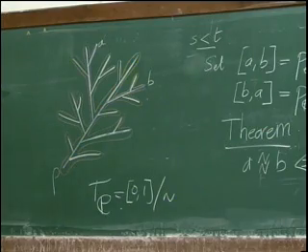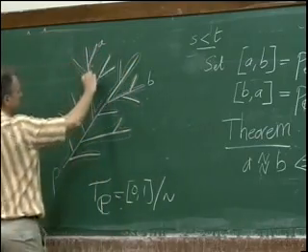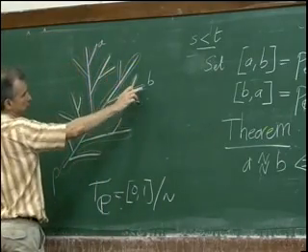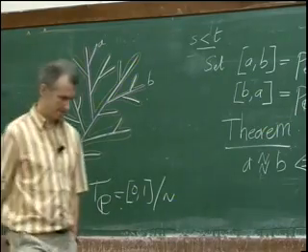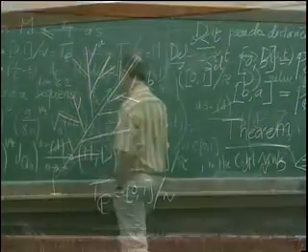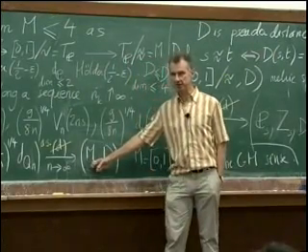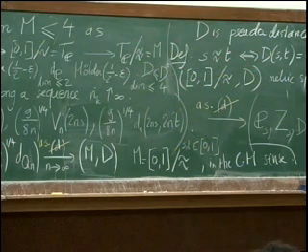So I want the labels that I encounter when I move from A to B following the contour of the tree to be all larger than the label at A or the label at B. Okay, so this is now a complete identification. So you really know what this equivalence relation is. You really know what the space capital M is. Okay. So maybe I can explain it a little bit more on a picture.